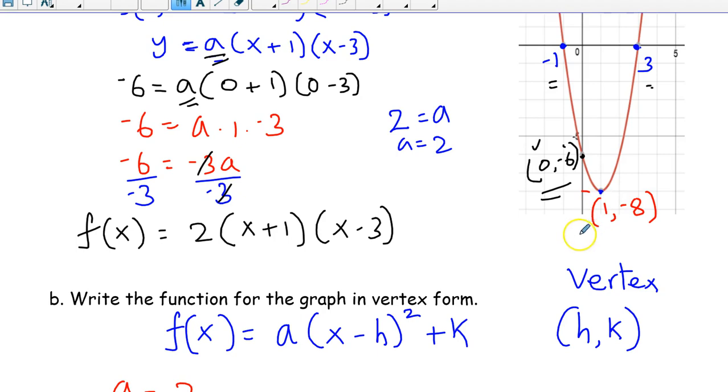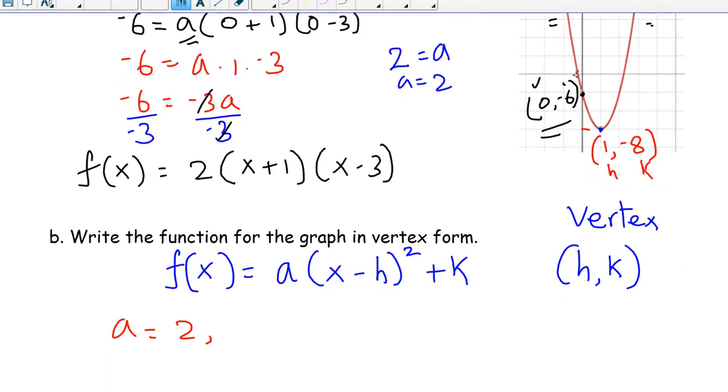And in the previous video we even discussed how to find this vertex, making use of these x-intercepts. Add and divide by 2 gives you 1, and if you substitute that in the factored form, you get the value of k. Or else, here the graph is clear, just make use of the graph, and this is the h and that is your k.